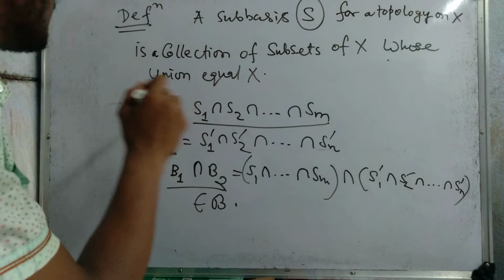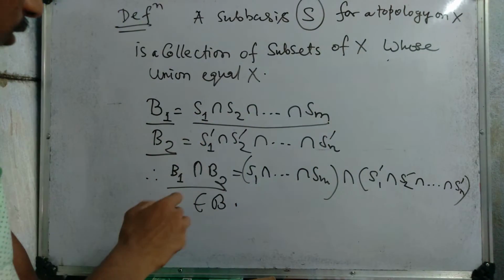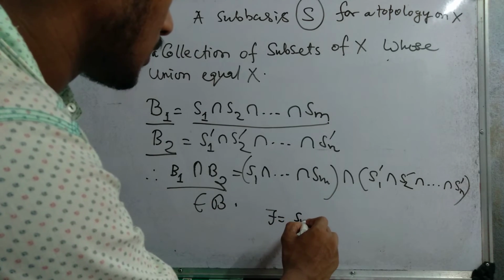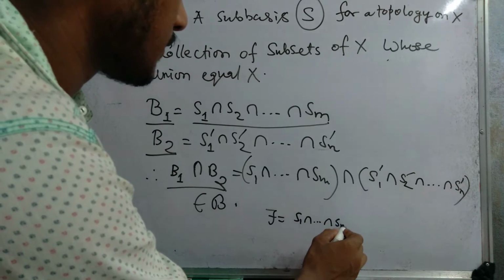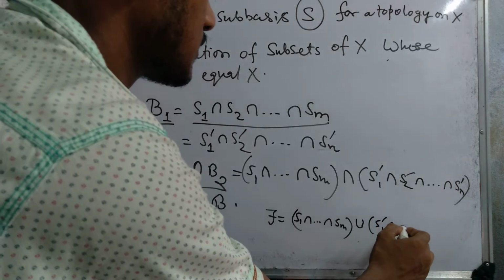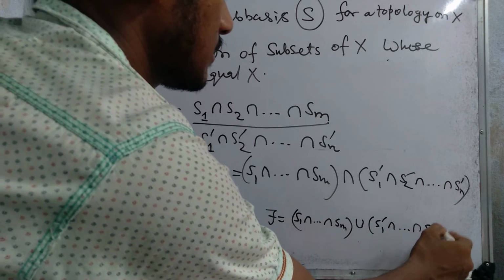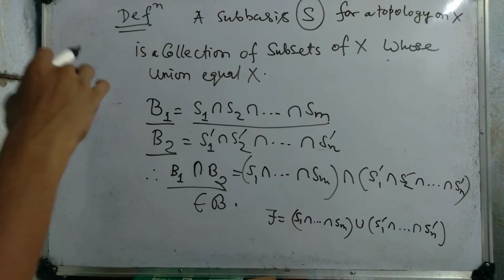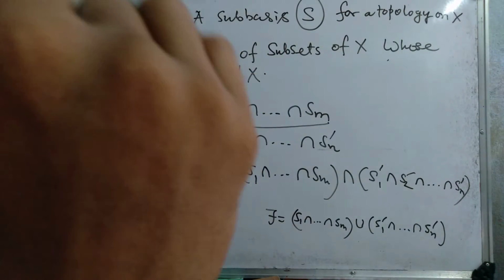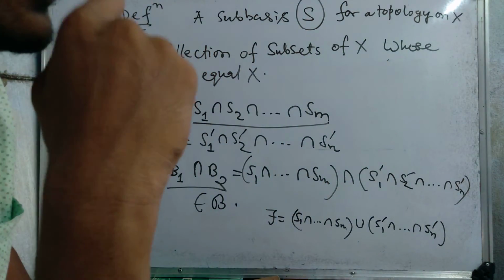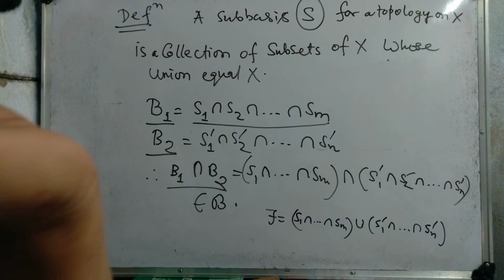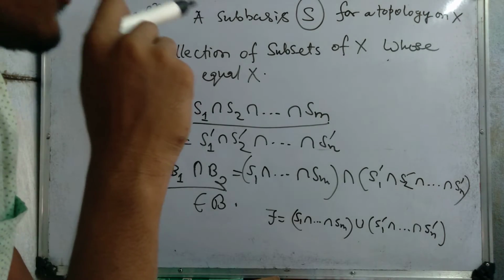That means tau equals the union of S1 intersection ... intersection Sm, and S1' intersection ... intersection Sn'. In this way, if a basis element is represented by a finite intersection of subbasis elements, then the topology is the union of finite intersections of subbasis elements. Okay, here is the definition of subbasis.